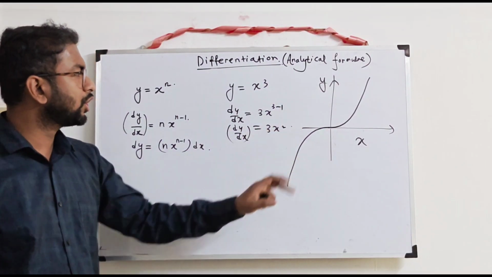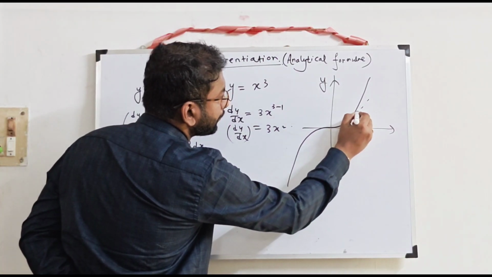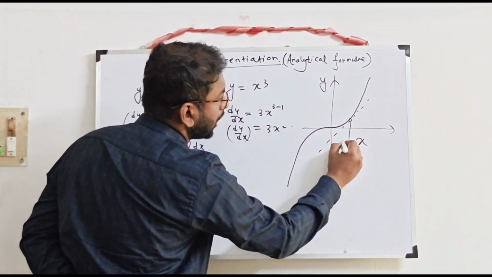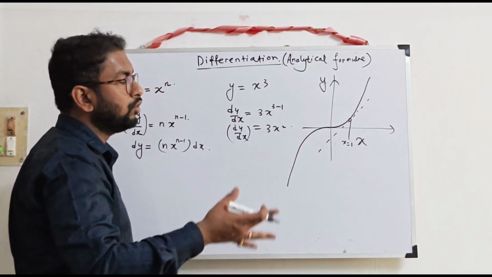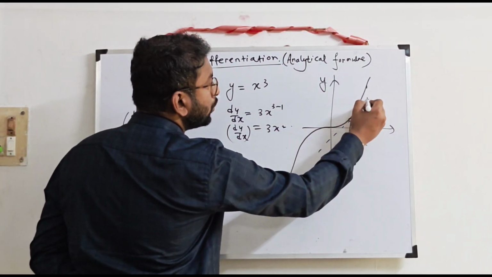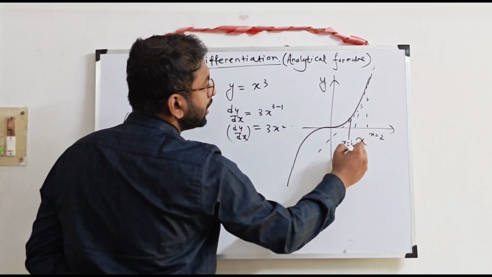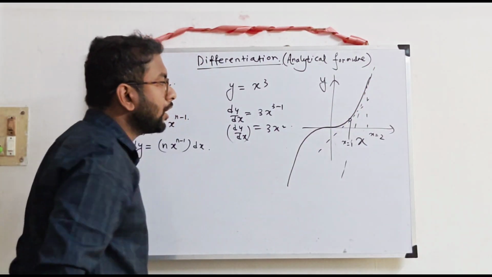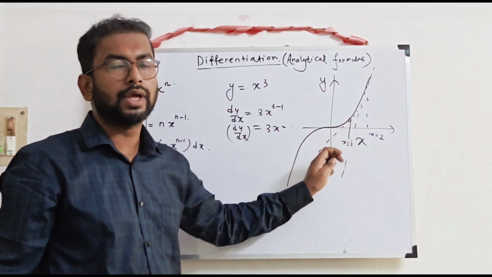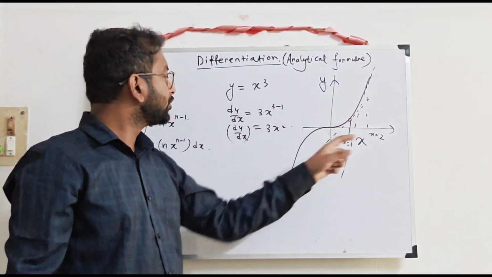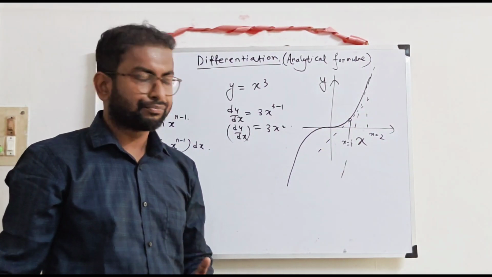That means if I draw one tangent here, let's say at x equals 1, and if I ask you to find the slope at x equals 2, this is the point, you have to draw one tangent again. See, this tangent at x equals 2 is making more angle with the positive x axis compared to x equals 1. That means the slope is increasing with the value of x.